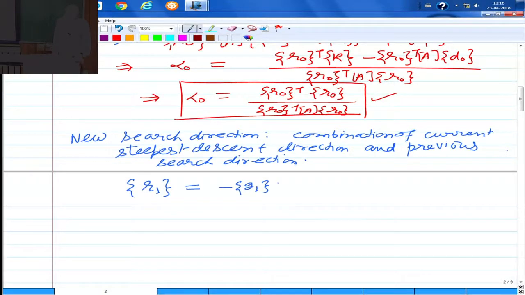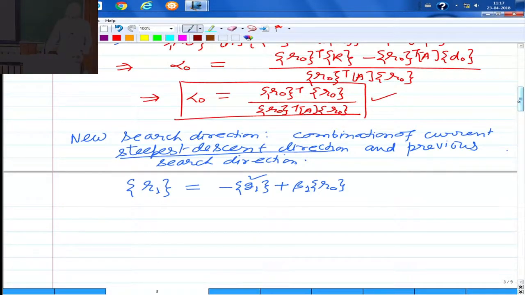So this is minus G1 plus some scale factor, let me call that beta, you can use any notation, times the previous search direction, which is basically this R0.